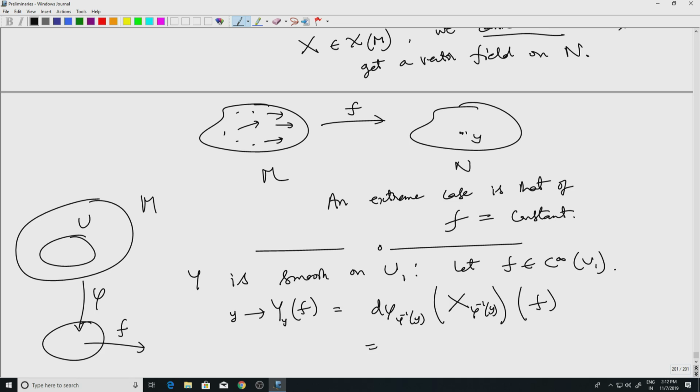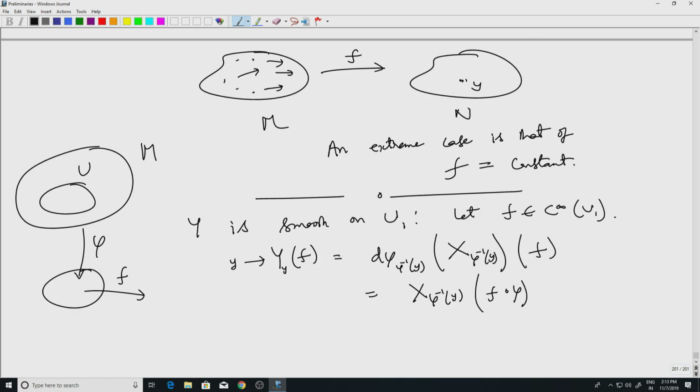And exactly like a couple of classes ago, using the definition of the differential of phi, this is actually equal to X at phi inverse y, of f composed with phi, the phi coming from here.